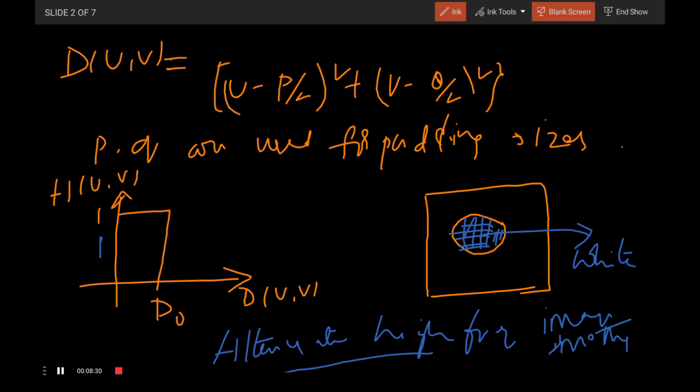What is the drawback of the ideal low pass filter? Its ideal characteristics may not be exhibited the same in the practical scenario. That is a drawback. Some deviations are there, therefore some loss of information will be present.